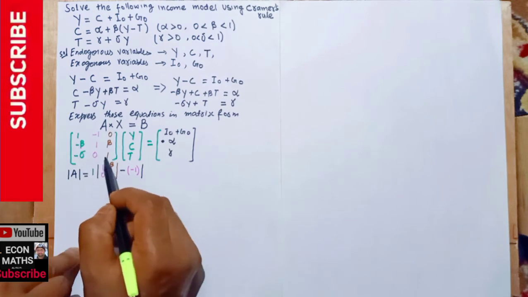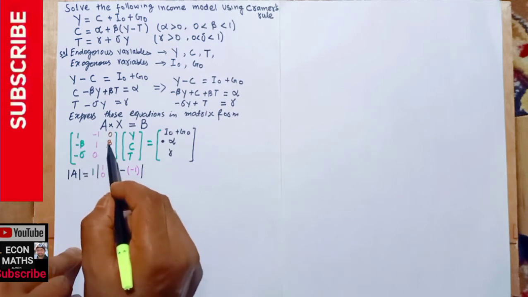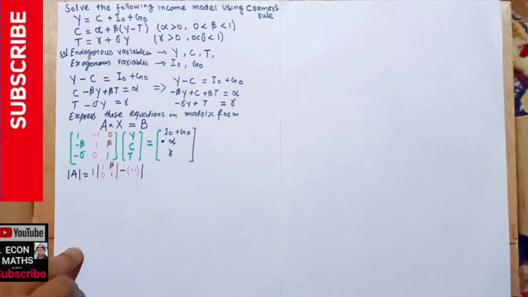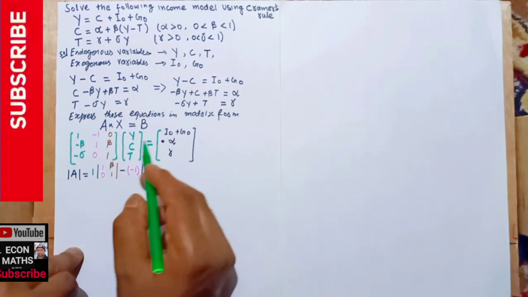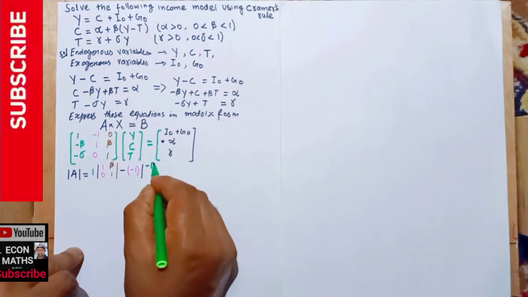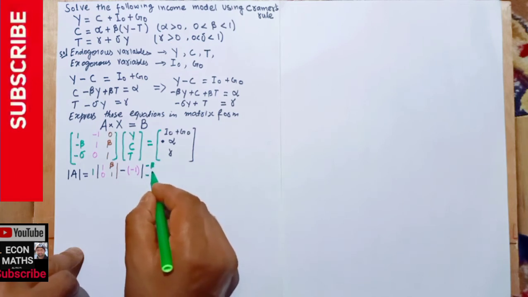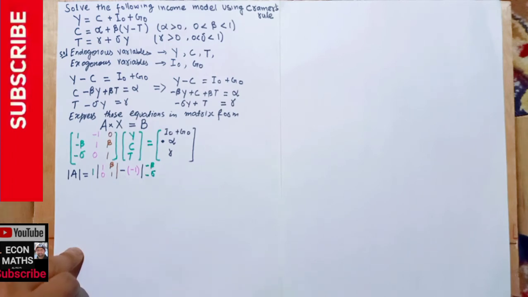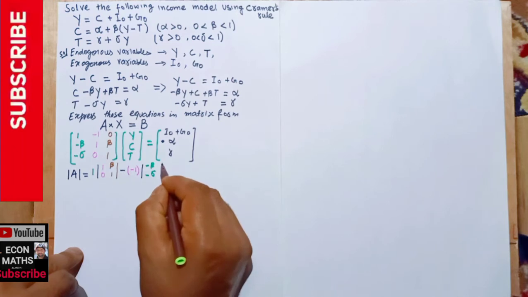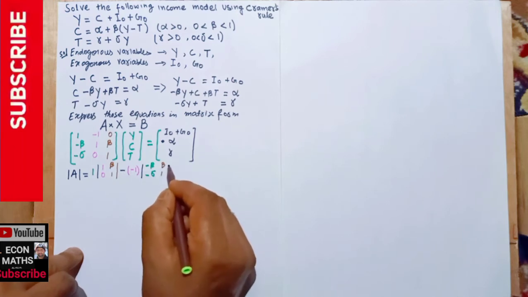Here the remaining elements are minus beta and minus delta, and beta and 1.